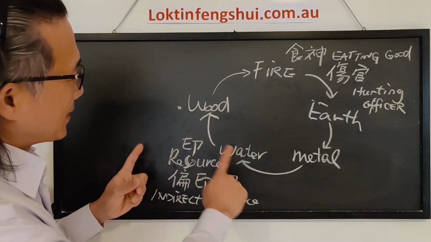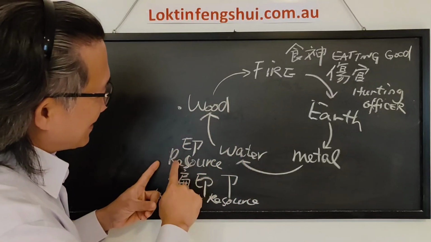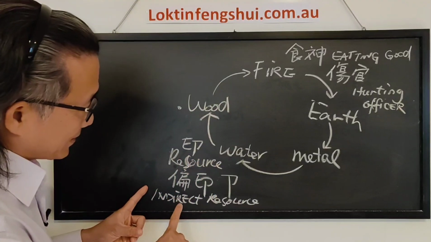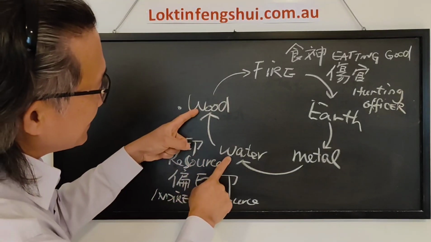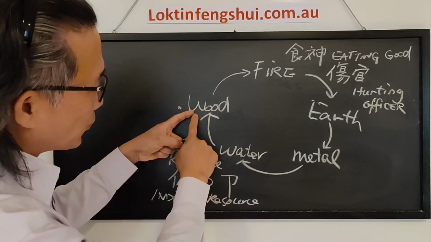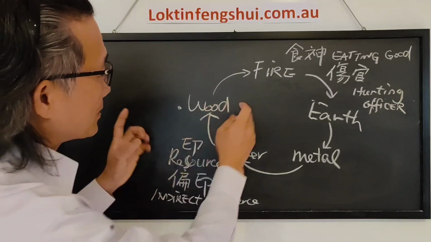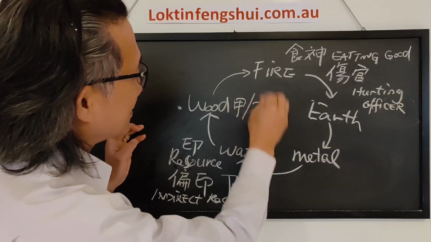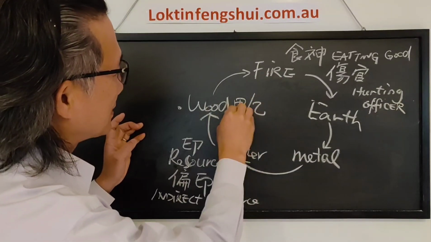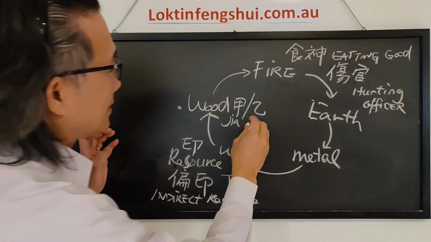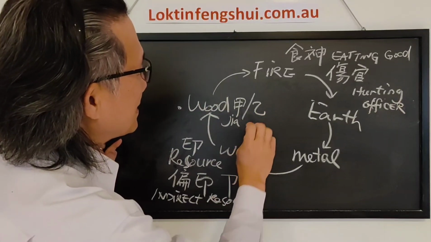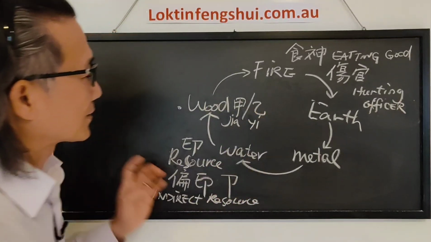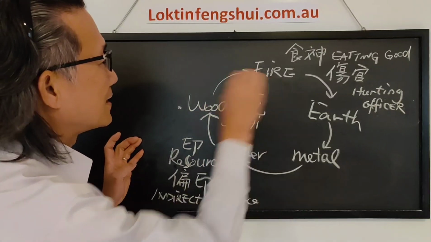Whether it's resources or indirect resources depends on the yin and yang of the wood and the water. Wood is generally Jia and Yi. Jia wood is yang wood, and Yi is yin wood.